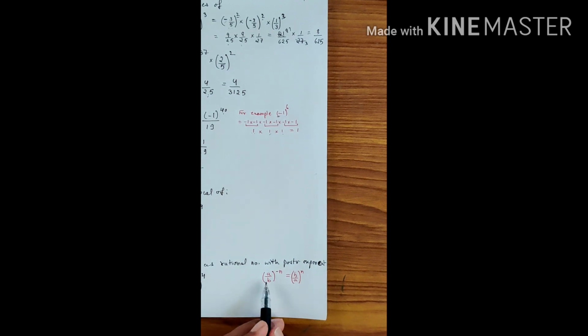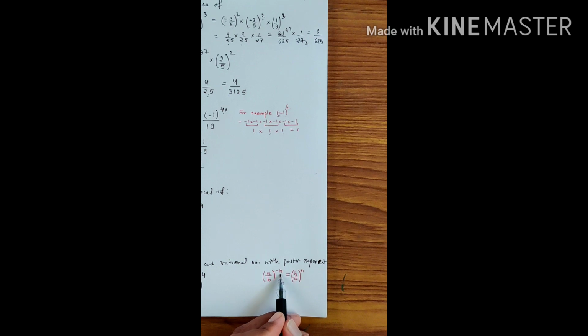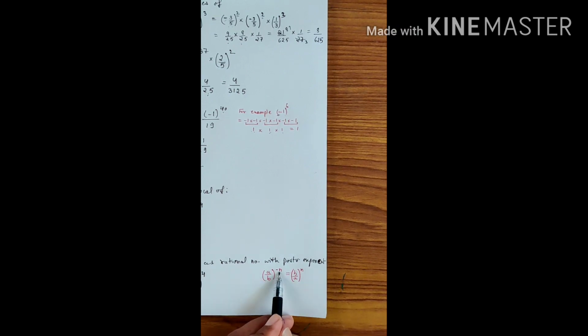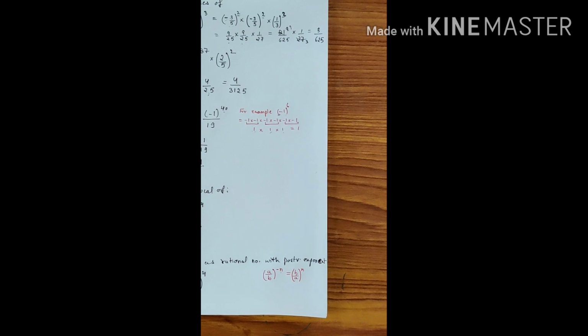If we have a rational number a by b raised to the power of minus n, once we take the reciprocal, as you can see over here, the power becomes positive. So that is why we just have to take the reciprocal and the power will become positive.